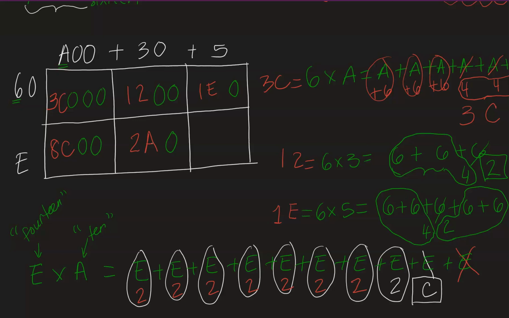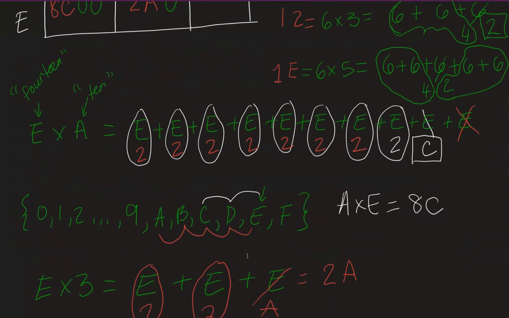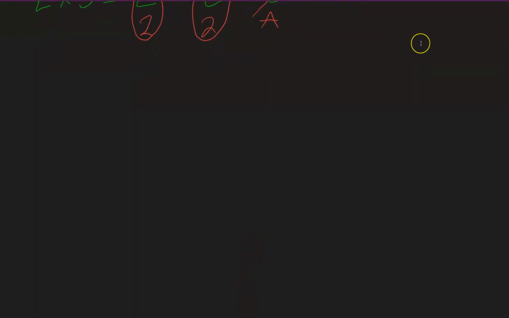Now E times 5, let's do that one more time with the E, except for now you have how many copies? 5. 5 copies of E. Okay, so you have 5 copies of E. E times 5 is 5 copies of E. Multiplication is repeated addition. 1, 2, 3, 4, 5. 5 copies of E. Okay, again, each one of these E is going to need 2 more to make a full group of 16.